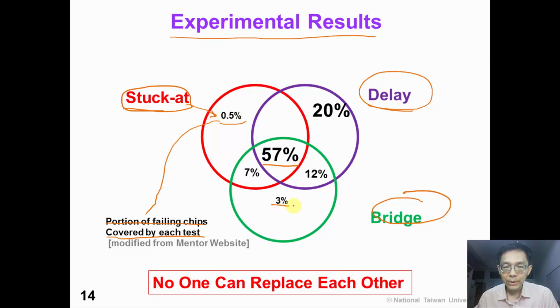There are 3% of chips that fail only the bridging fault test. And there are 20% of chips that fail only delay fault testing. So we can see from this Venn diagram that in reality, no one test can replace the others.